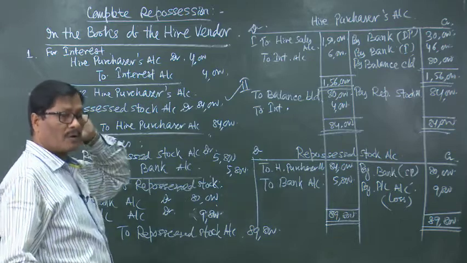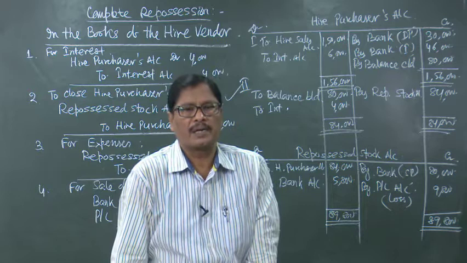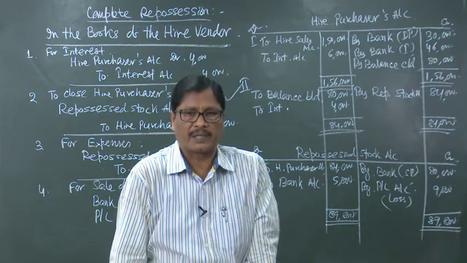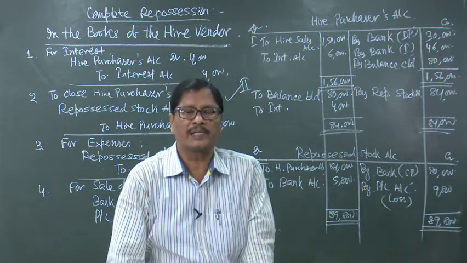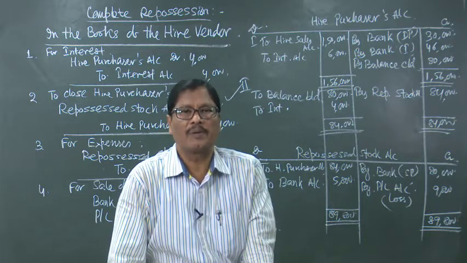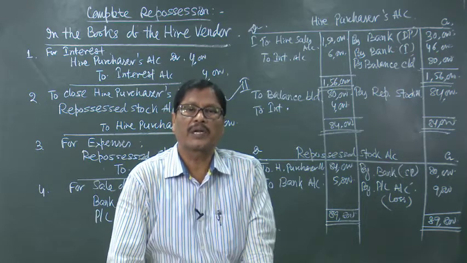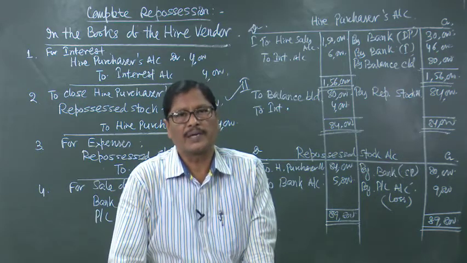If you remember, we have already passed the entry for interest and depreciation in the books of the hire purchaser, but in the books of the hire vendor there is no need to pass any entry for depreciation, only the interest entry will have to be passed. Whatever amount of interest is due up to the date of default will have to be taken into consideration.